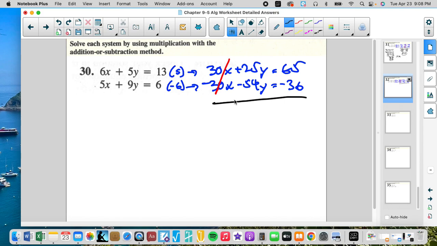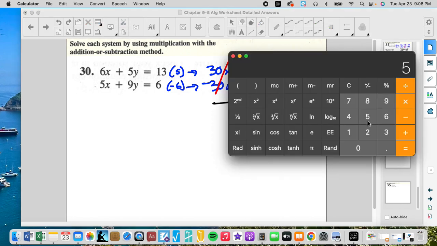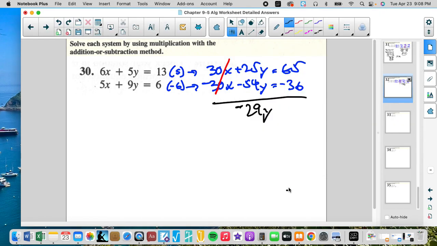Negative 29y? 54 minus 25, 29 is correct. And this is equal to 29. Divide by negative 29.